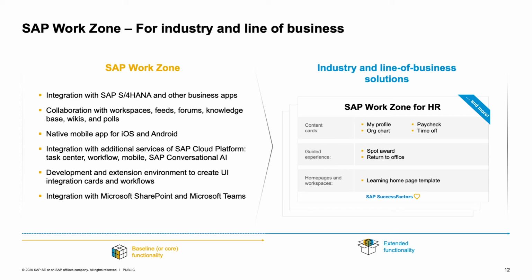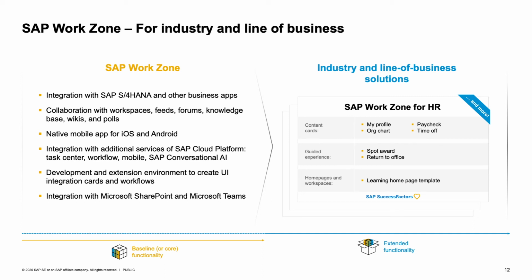We covered that there's a native mobile app available, both iOS and Android. Integration with additional services, such as conversational AI, workflow, and so on. We spoke about the development and extension environment with the UI integration card concept and the workflows, and the integration with Microsoft SharePoint and Teams.